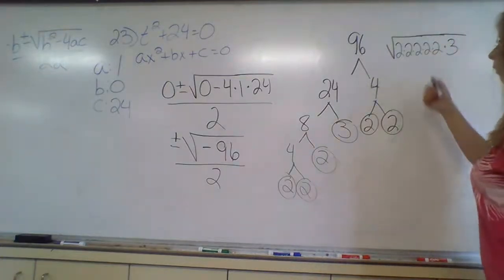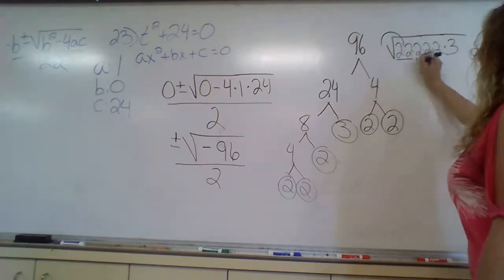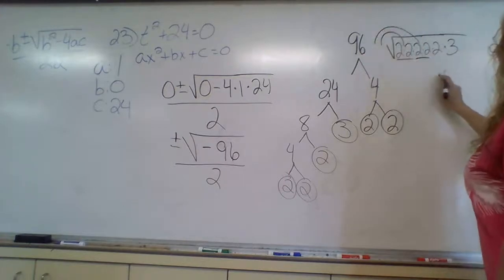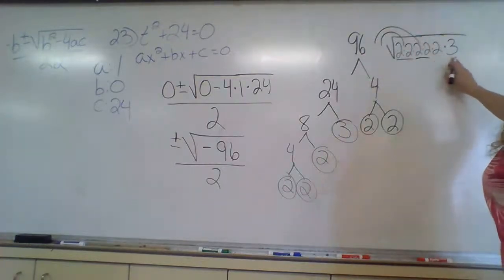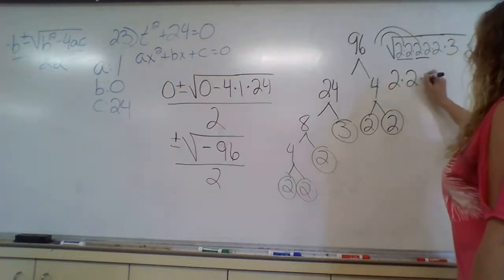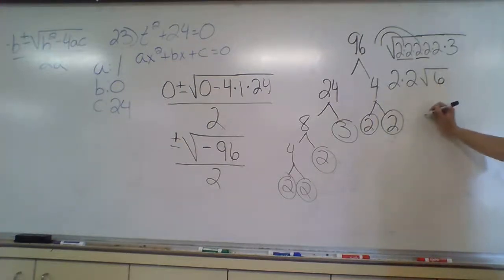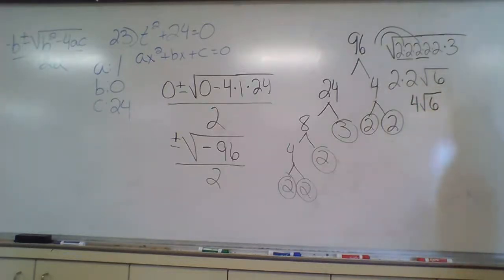So let's keep simplifying. 96: group of 2, pull out a 2, group of 2, pull out another 2, and then these have to stay underneath the radical. So you have 2 times 2, and then inside the radical, you have 2 times 3, which is 6. Multiply these together, and you get 4 square root of 6.